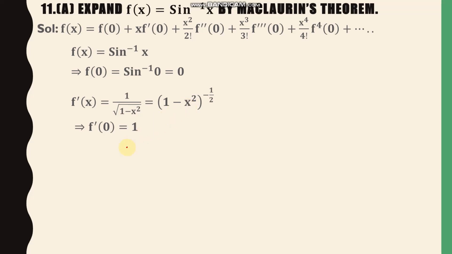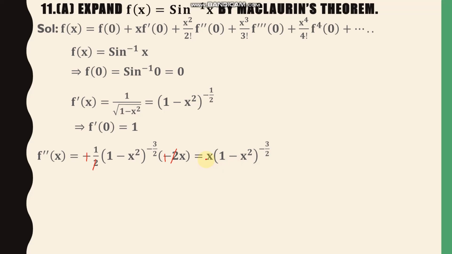Now find the second derivative, f double dash. It will be minus 1 by 2, 1 minus x square to the power minus 3 by 2 into derivative of 1 minus x square. Derivative of 1 minus x square is minus 2x, right? So this 2 will get cancelled with this 2. Minus minus will become plus. So we get x into 1 minus x square to the power minus 3 by 2.